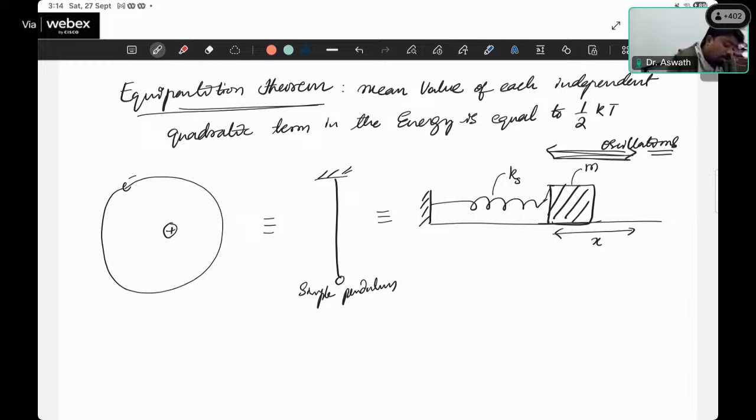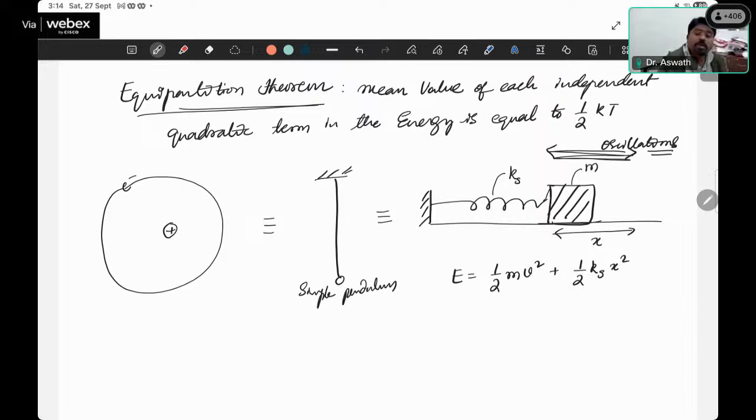If I have to write down the total energy of this spring mass system, or a simple pendulum, E is equal to half mv square, which is the kinetic energy of this mass, plus half kx square, with the positive movement.